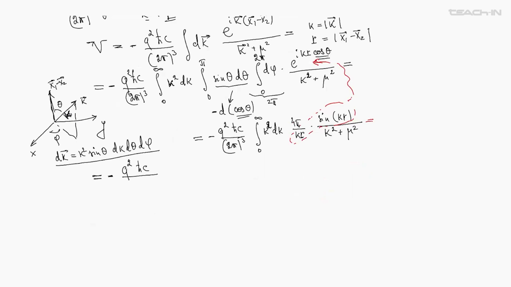So 1 pi is also cancelled out. r gets out. And then I think what you will have is integral from 0 to infinity dk, 1 k cancelled with k squared, leaving k. And so you will be left over with k sine kr divided by k squared plus mu squared. So you get such an integral.